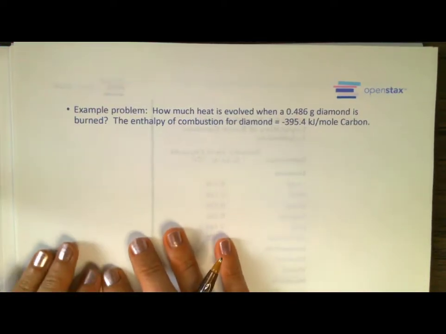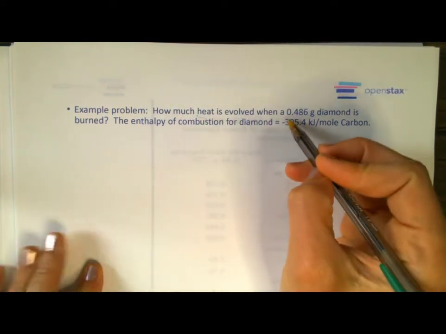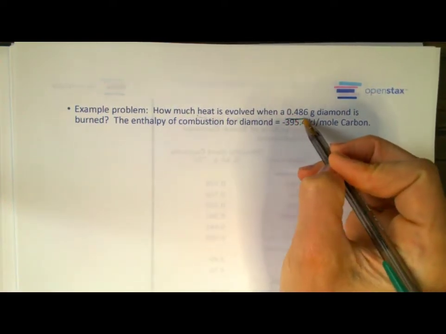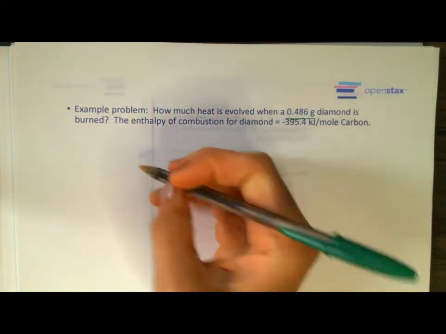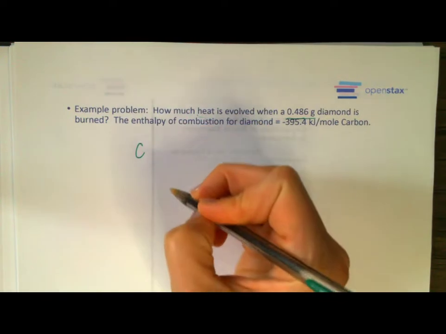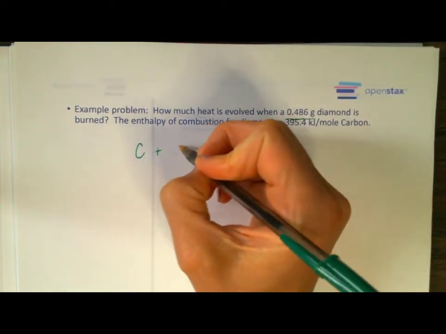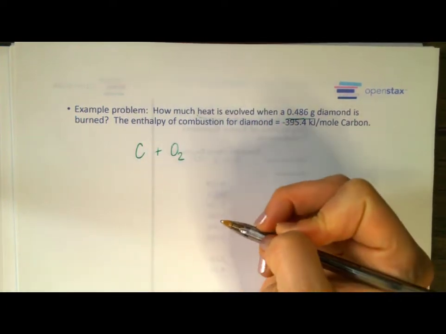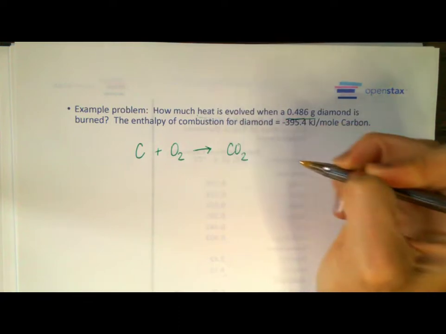Let's look at another similar problem. We want to look at how much heat is evolved when a 0.486 gram diamond is burned. Well, diamond in its pure form is simply carbon. And when we are combusting, we are applying oxygen to it, so these combine to form CO2.